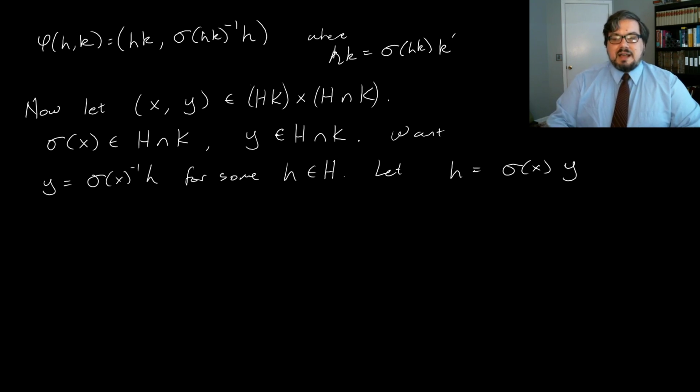Now, we know that sigma of x belongs to H intersect K, and y belongs to H intersect K. So this product belongs to H intersect K, which is, of course, a subset of H.